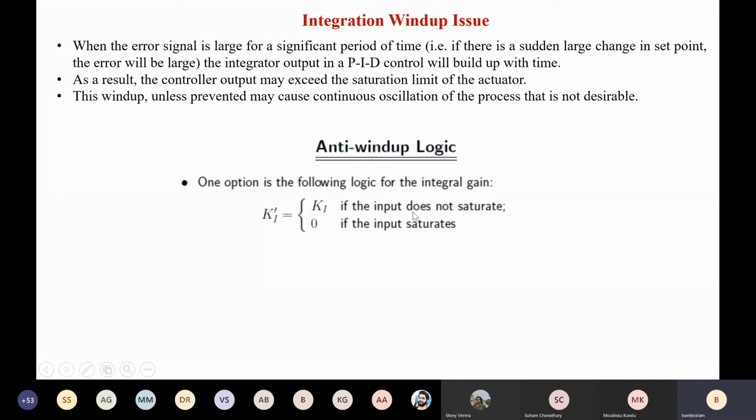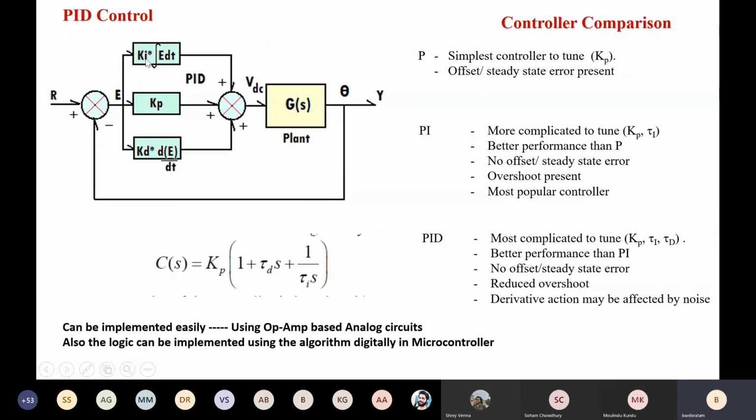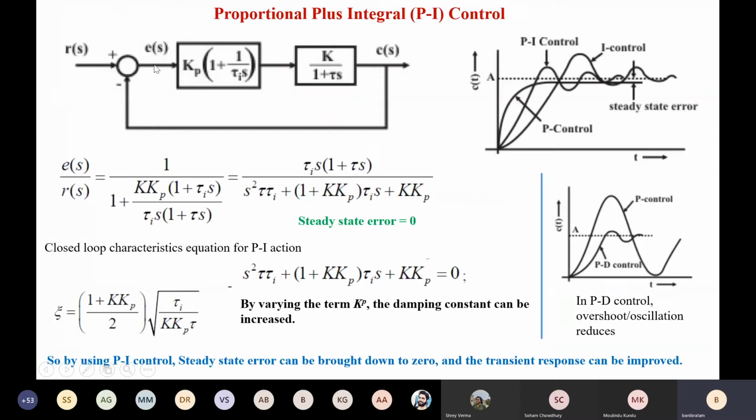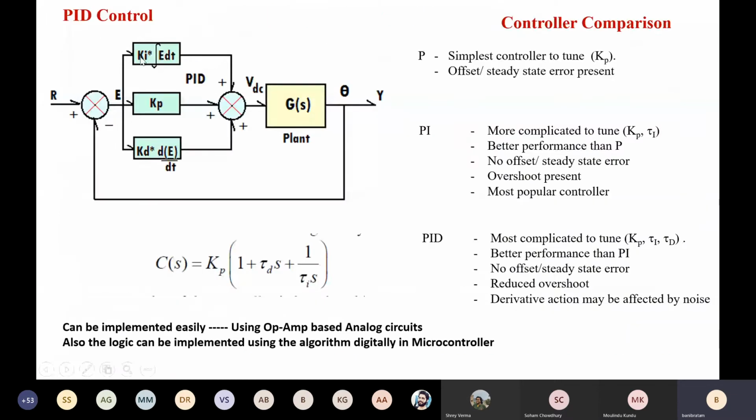What is this Ki? Basically Ki means Kp by tau I. You know this Kp by tau I is my integral action, so I am writing it in the form of Ki.